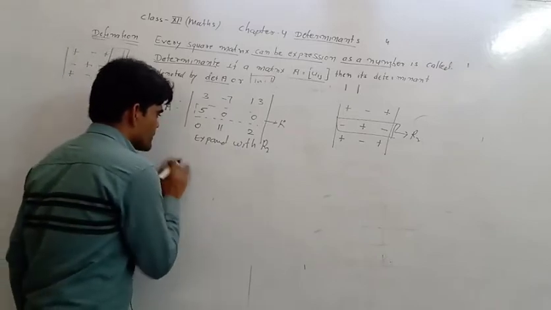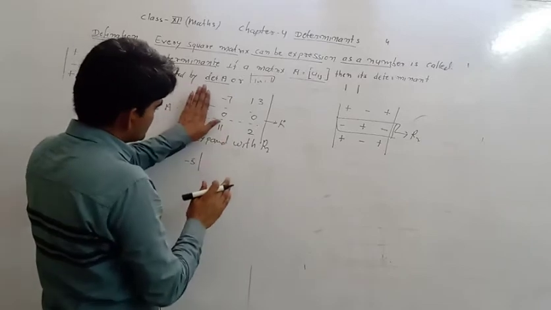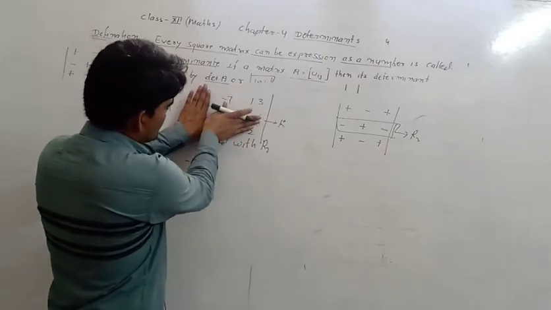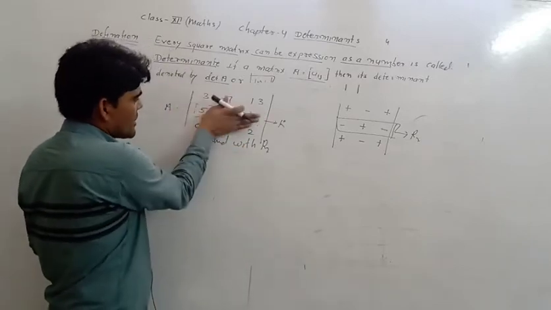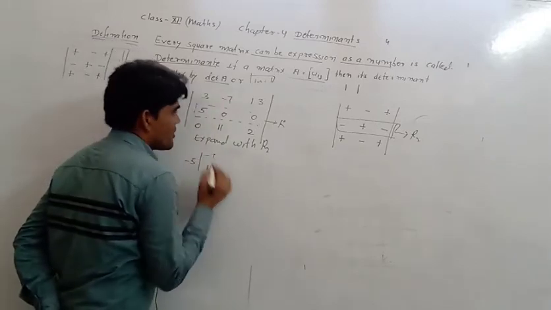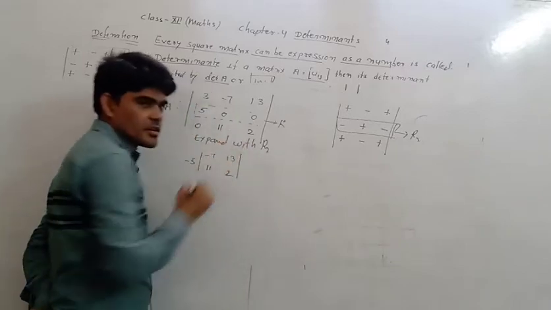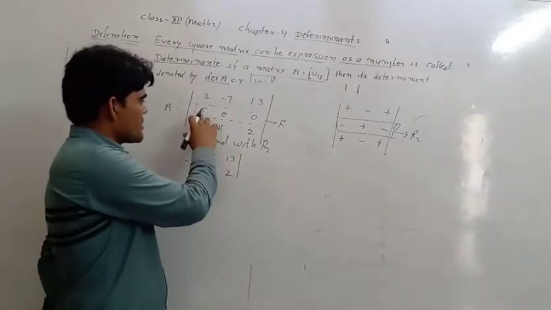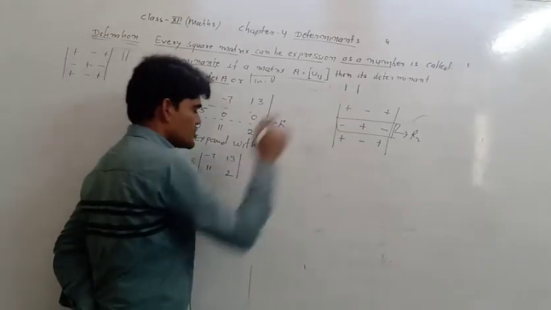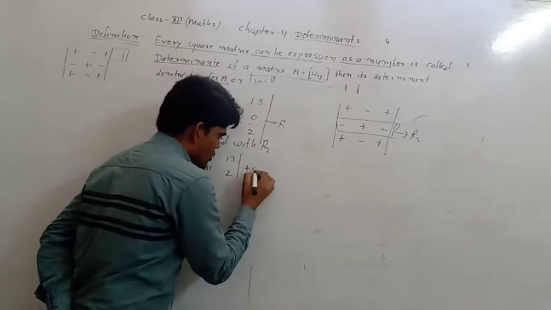Minus 5, this is the minus 5. Then we shade this column and this row, and we get minus 7, 11, 13, 2. Clear? Second, 5 with negative 0 plus 0, then 0.